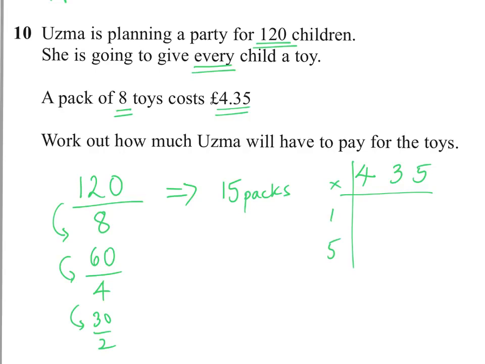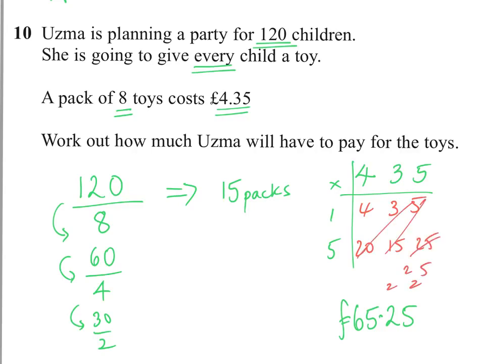So we're going to do 4.35 times 15, which gives me £65.25. I'll just finish this quickly, it won't take long. So that's 22, 23, 25 and 6. So yes, the same, £65.25p.